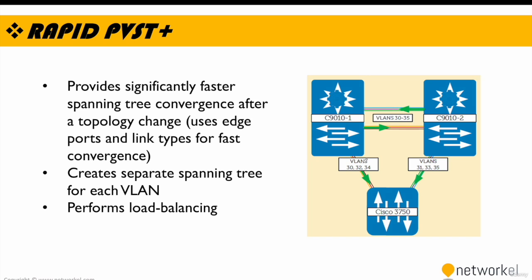So when it comes to Rapid PVST+, that is an enhancement of PVST+ that implements the Rapid Spanning Tree Protocol features. As the name implies, Rapid PVST+ provides fast convergence.